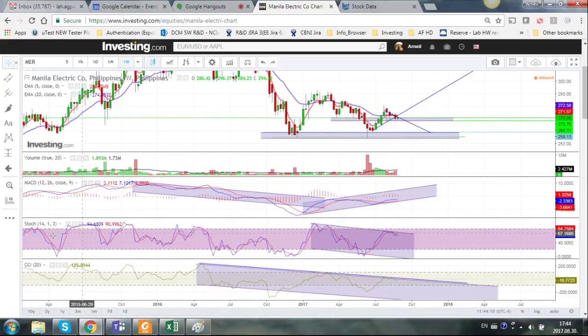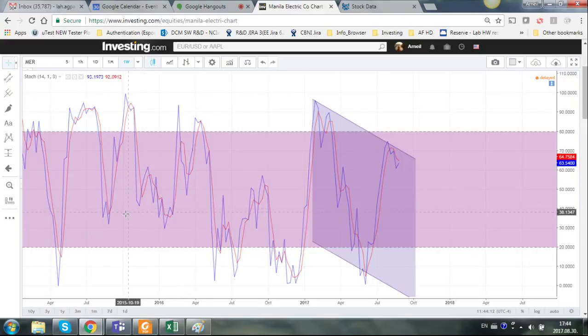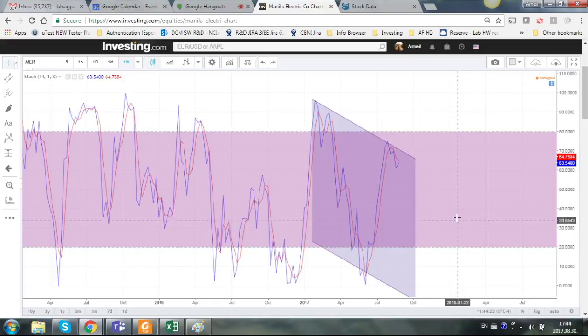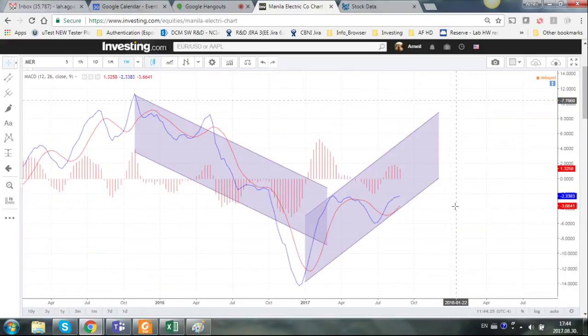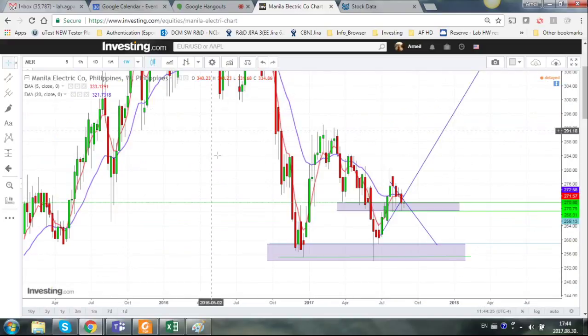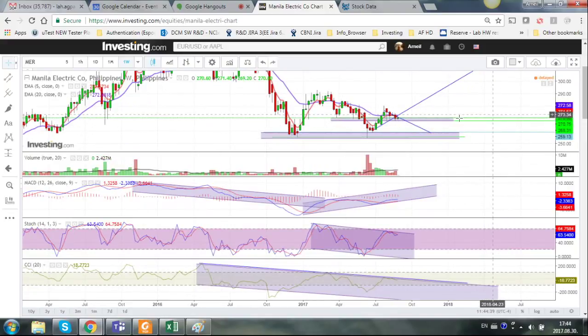Pag i-double click mo itong indicator, lumalaki yan. Pinalalaki ko lang kasi para makita mo. Yung area na to. Kahit saan dyan, double click mo lang, parang i-zoom out na siya. Ganun din, babalik siya. Ganun din para sa price. Lalaki yan kung gusto mong palakihin.